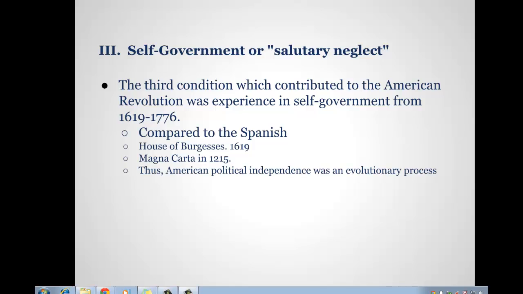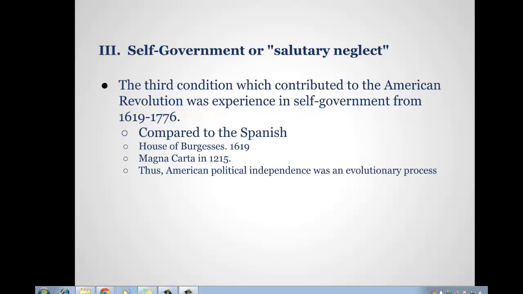So it was the combination of England's salutary neglect and these basic rights as articulated with the Enlightenment, again, manifested through the American environment through the colonial era, which were developed on English soil and transplanted to the American colonies, where they were allowed to germinate in a much freer environment.